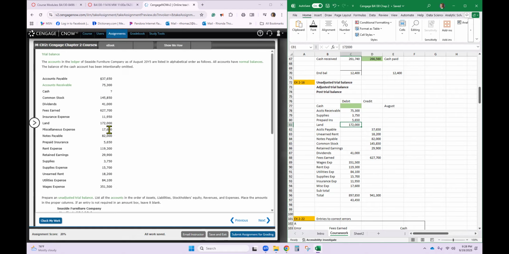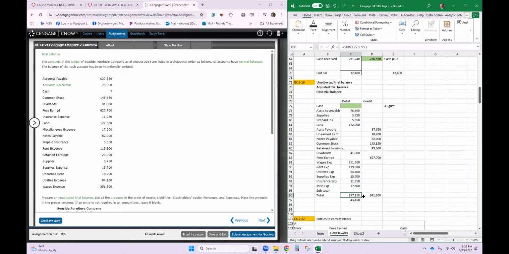Land is 172,000. Prepaid insurance is 5,650. Okay, supplies 3,750. Accounts receivable 75,300. Okay, so what we need to do is get a sum for both columns.